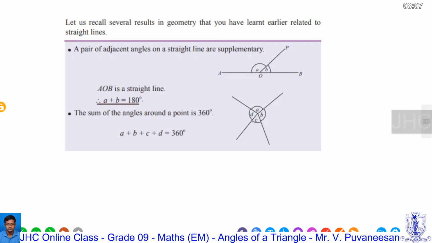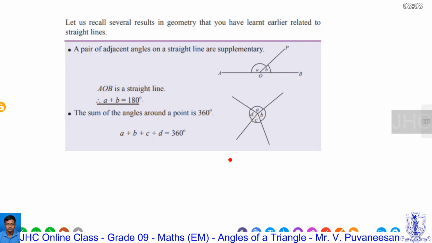The sum of the angles around a point is 360 degrees. In this picture, you see there are 4 angles around a point: A, B, C, D. We know the sum of the angles around a point is 360 degrees.